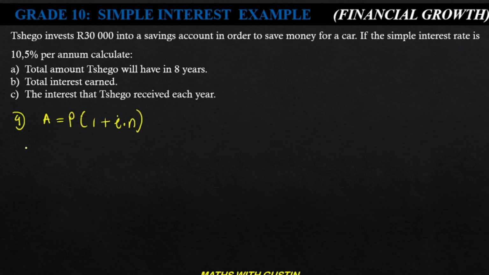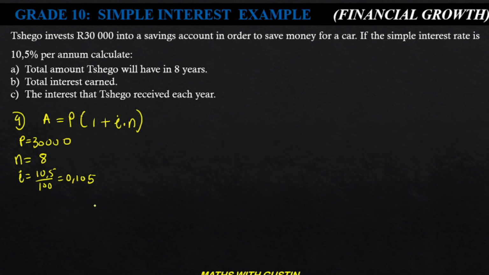Now we already know P in this example is 30,000, and n is 8 years. i, we already know, is 10.5 divided by 100, so it's going to be 0.105.